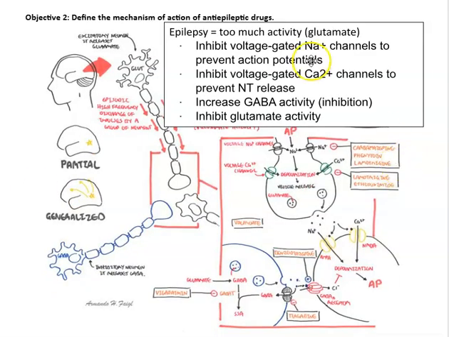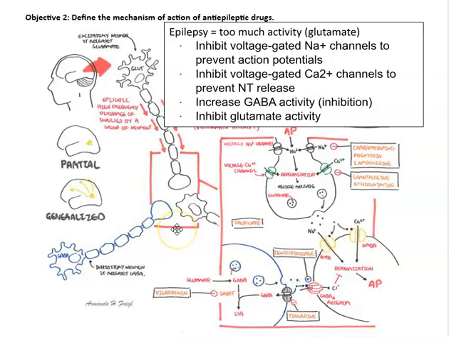And some ways to do that are to inhibit the voltage-gated sodium channels so that you prevent the action potentials. You can inhibit the voltage-gated calcium channels so that you prevent the release of the neurotransmitter. And then, like we mentioned, you can increase the release of GABA, or you can inhibit the glutamate activity on these postsynaptic receptors.